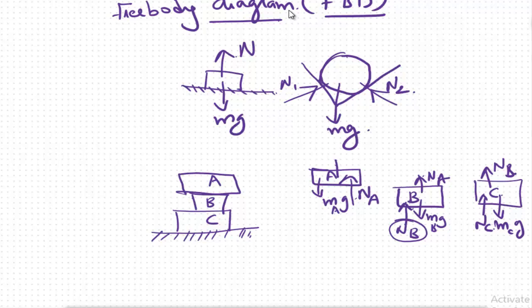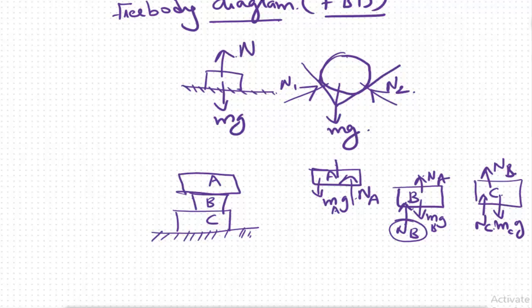And mg will be acting downwards, and C will be giving a reactional force towards B. That one I am representing as NB. While we are considering C, it is giving a reactional force towards B, and here the earth gives a reactional force towards C. These are the different kinds of forces acting on the object.